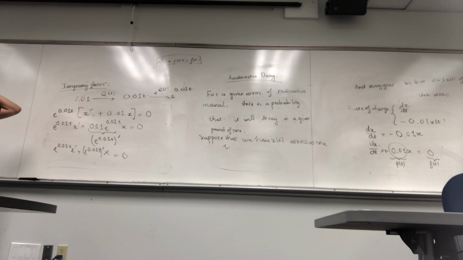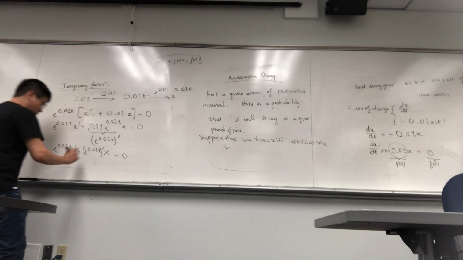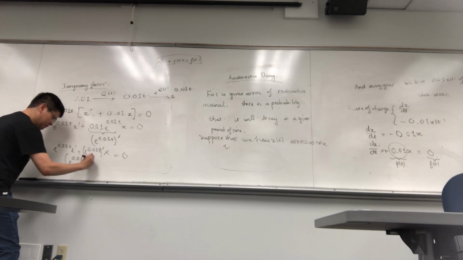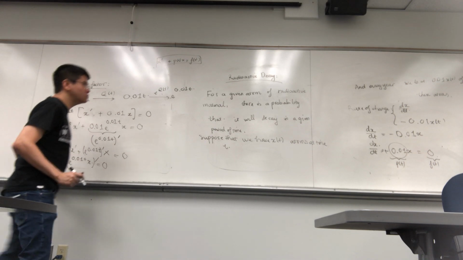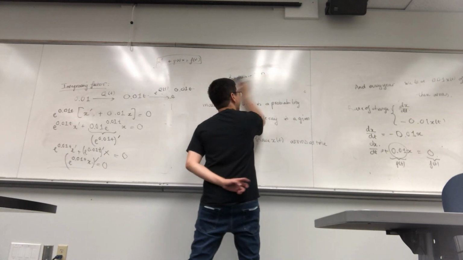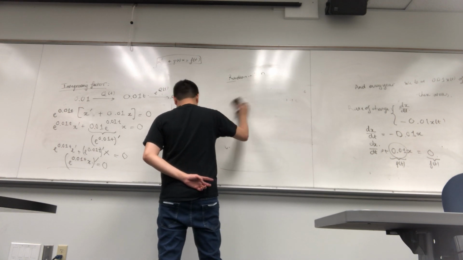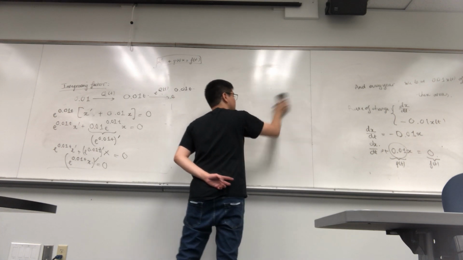Now you're going to use the product rule. So you have e to the 0.01t x, the whole thing prime, is equal to 0. Right?